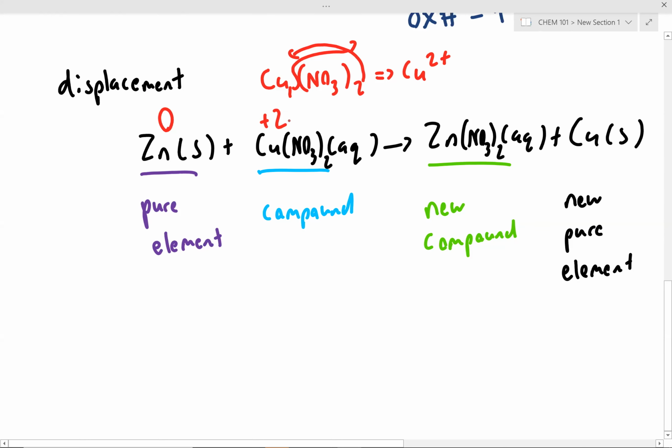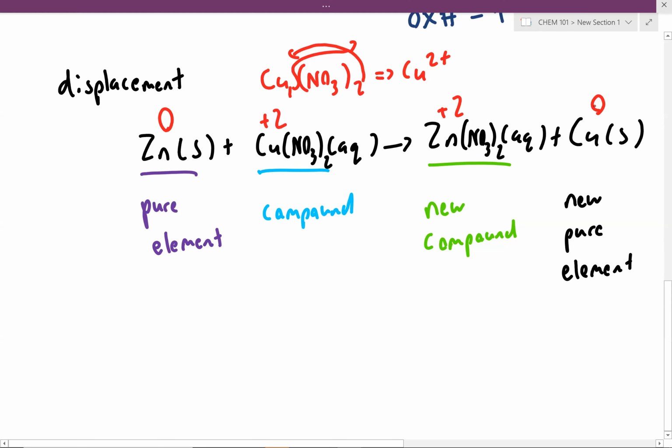Does it make sense where I got these numbers from? Okay, so what is the oxidation number, what is the charge of zinc in this compound? Yeah, +2 by the exact same logic as the copper nitrate. And what's the oxidation number of elemental copper? 0. Okay.